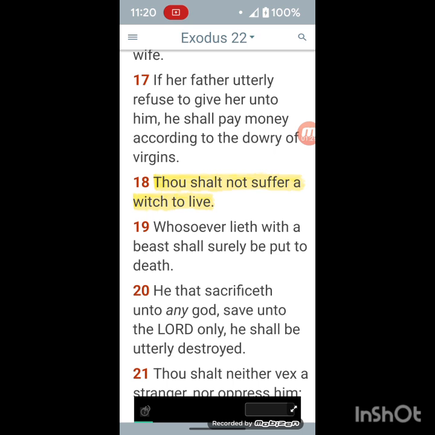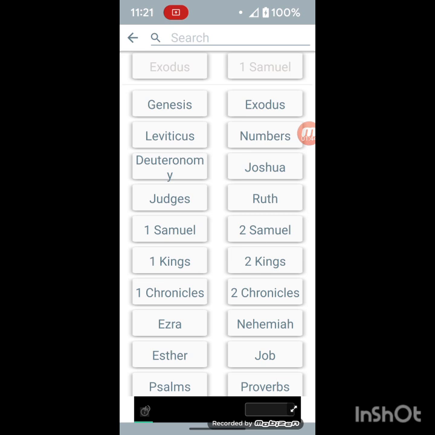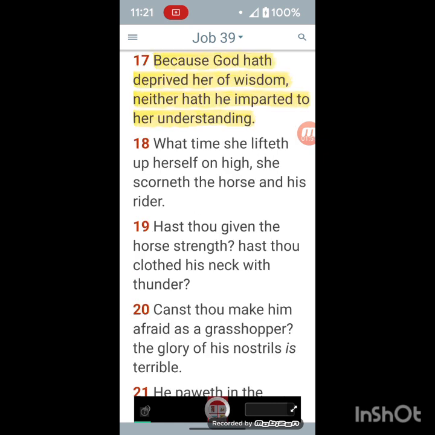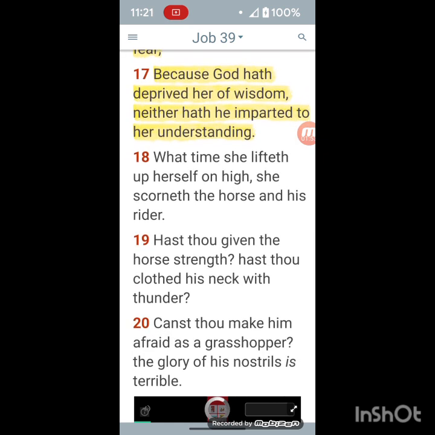All right, and that scripture I read, that's still on the screen, "Thou shalt not suffer a witch to live," Yahweh Bashem Yahweh Shai is going to smoke her, because first of all, she does not have the wisdom, Job 39:17, when it comes to the scriptures. 39:17 says, "Because Yahweh hath deprived her of wisdom, neither hath he imparted to her understanding."